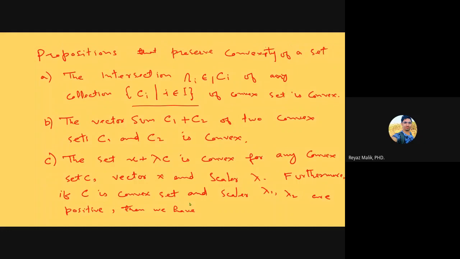The third one has three things: a set, a vector x, and a scalar lambda, with multiplication as well as summation.